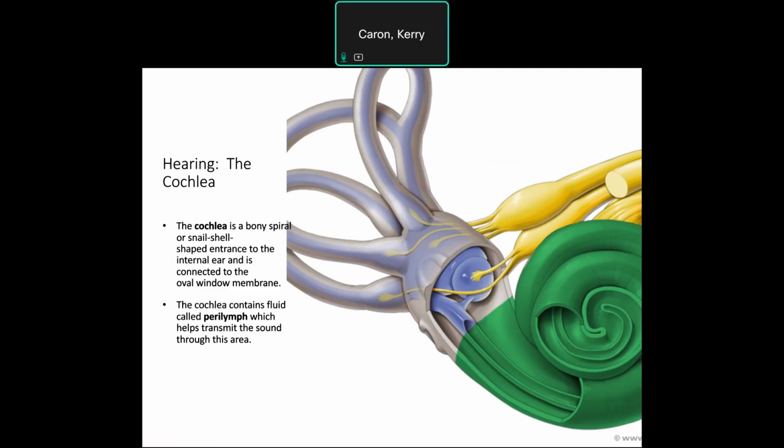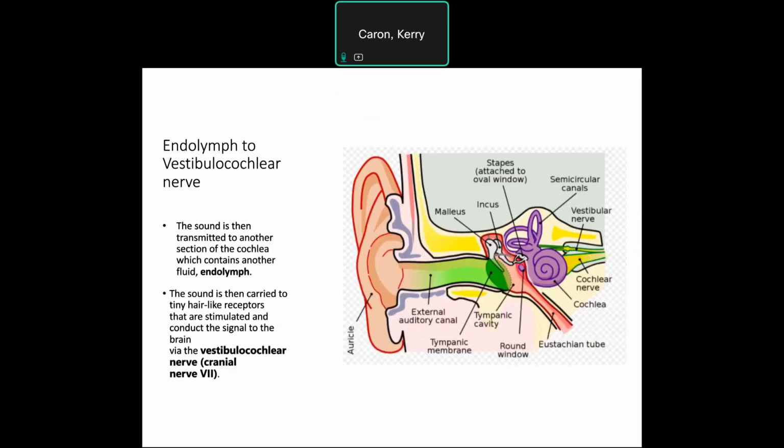There's fluid in the cochlea called perilymph, and when sounds are amplified, that fluid helps transmit sound by vibration. That fluid in the cochlea carries the sound to tiny hair-like receptors.